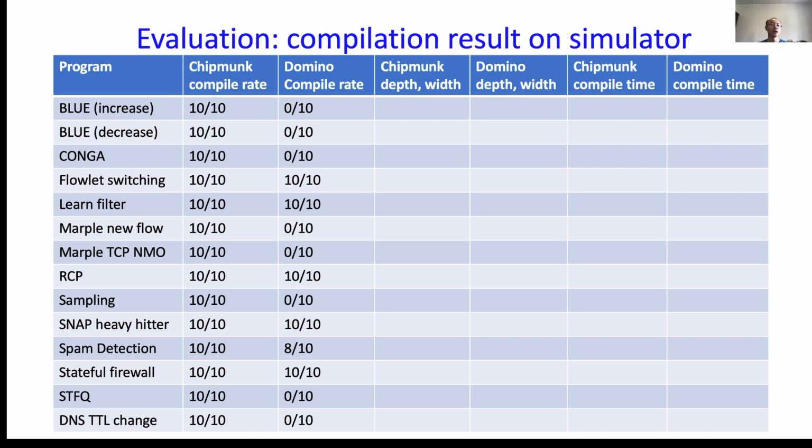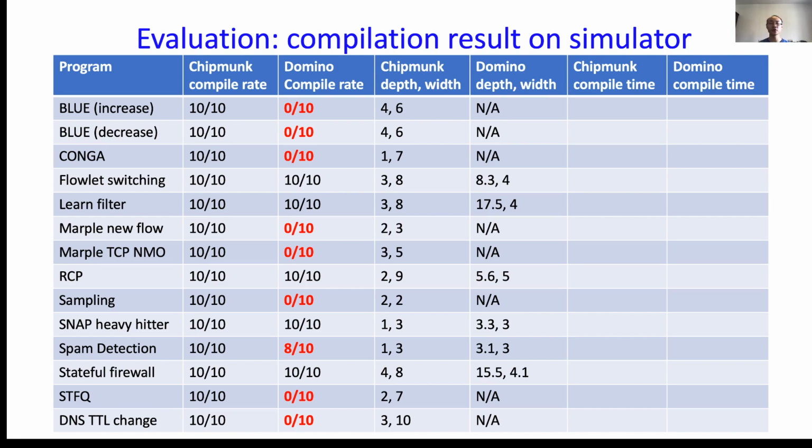Actually, Chipmunk successfully generated code for all the benchmarks. We have 14 benchmarks, and each of the benchmarks will generate 10 mutations. But Domino failed to generate code for most of them. As for the resource constraints, Chipmunk uses fewer stages than Domino, which means the combinatorial search algorithm has a better ability to figure out the possible whole configuration to fit within resource constraints.